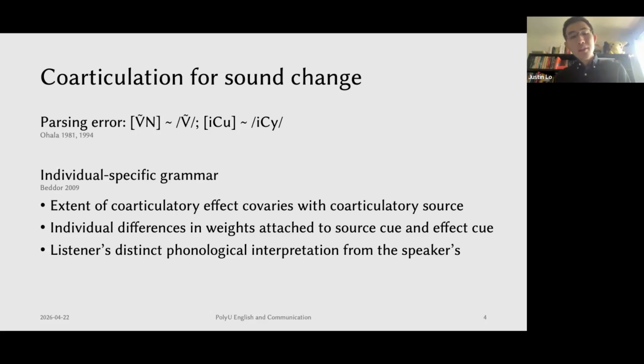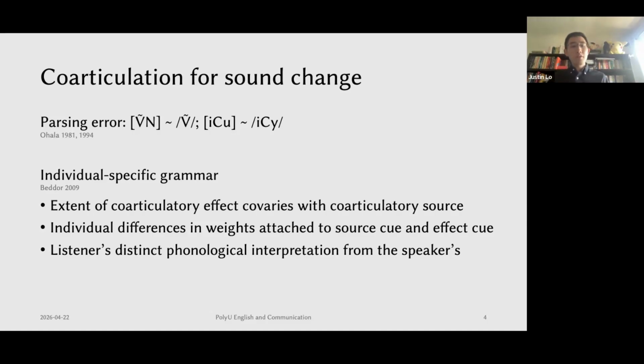So we know that the extent of the coarticulatory effect, that is how much the vowel is nasalized, co-varies in some sense. There is a correlation with some kind of variation in the coarticulatory source itself. So how much there is co-articulation is also reflected in the nasal consonant too.